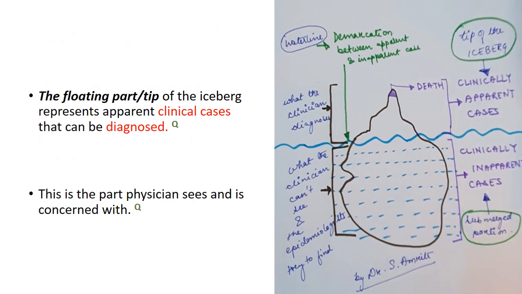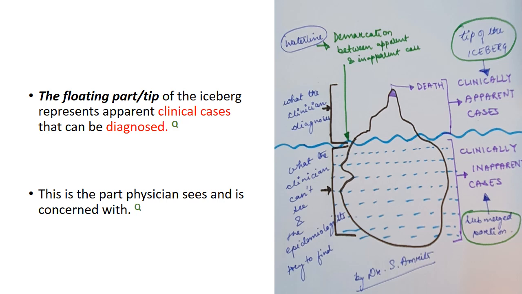Now students, as you have seen in the previous slides, the iceberg has two parts. So the floating part, which is also called the tip of the iceberg, and the submerged part which remains hidden from the public glare. So much so that we sometimes think that this part does not exist.